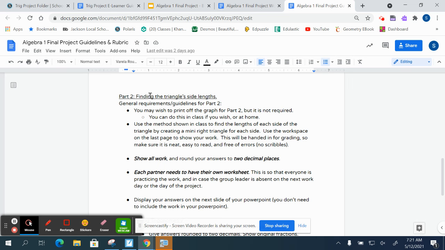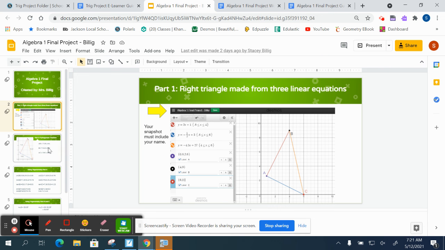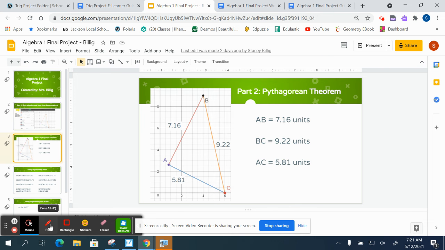And then find the triangle side lengths is the next part. So remember what we learned about how to find side length. If you've got a side here, you can make a little right triangle, go up and over.